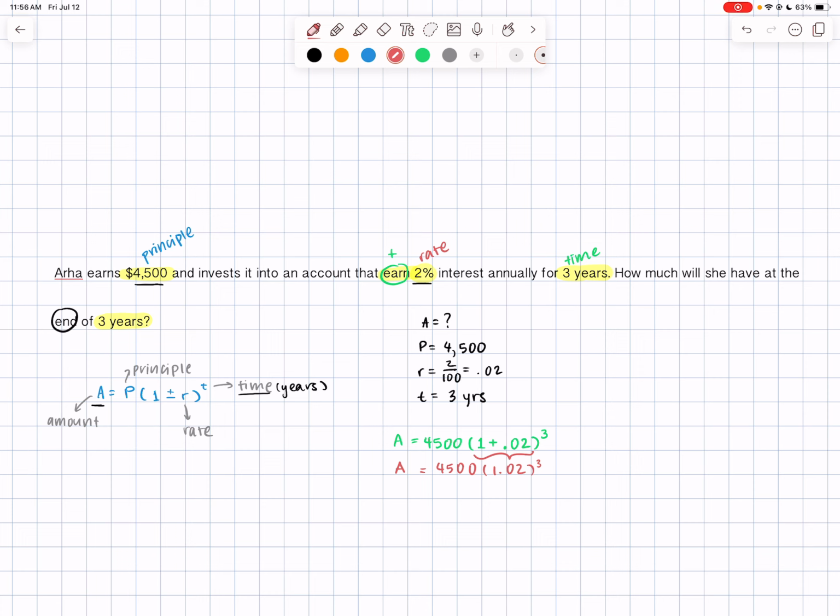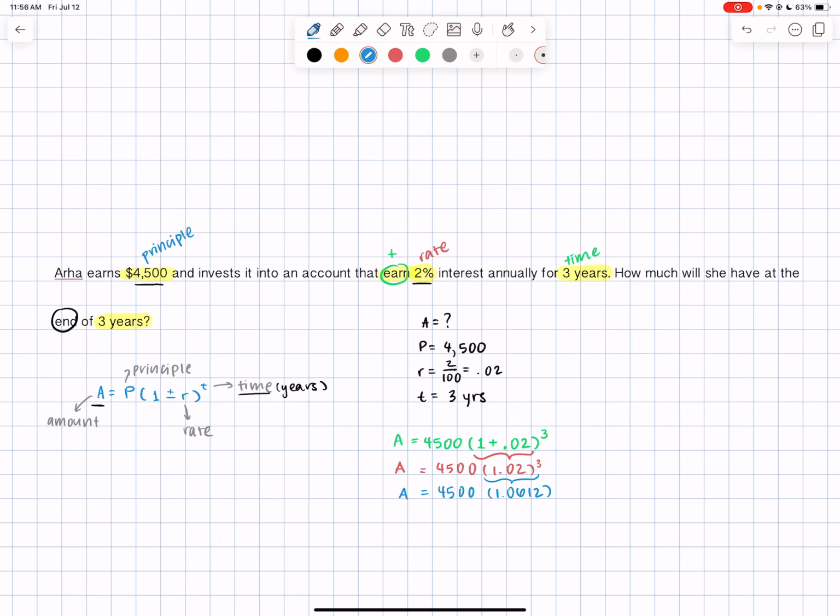Or I can do 1.02 times 1.02 times 1.02, which gets me to a really long decimal, but I'm going to round to about 4 decimal places. So this whole thing gives me 1.0612, and then times 4,500 equals A.